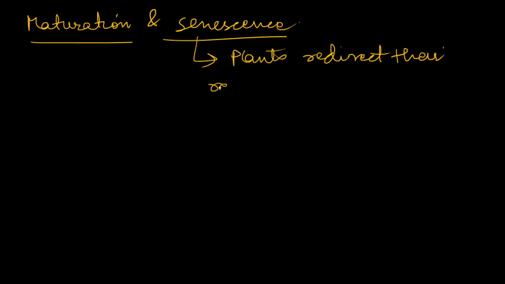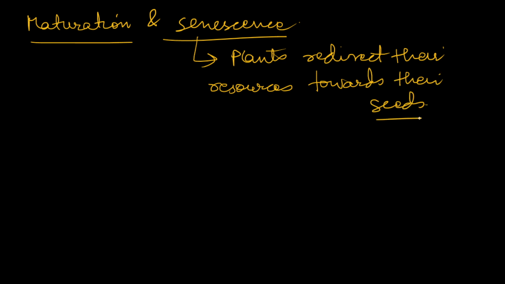Here the plant breaks down tissues and redirects its resources towards the seeds, or you can say towards its offspring, so that its generations can move forward, because the plant has reached maturity and after some time it is going to die. So this is how growth and development takes place.